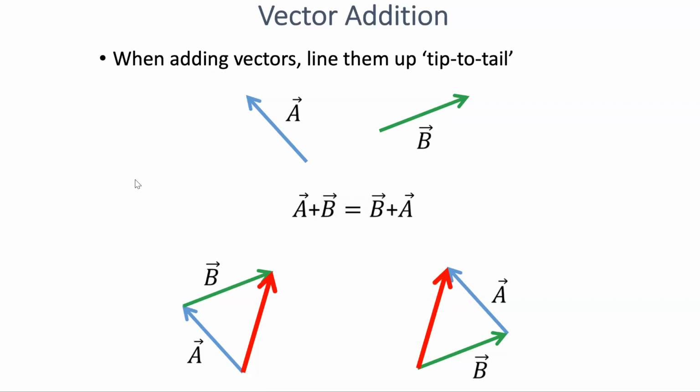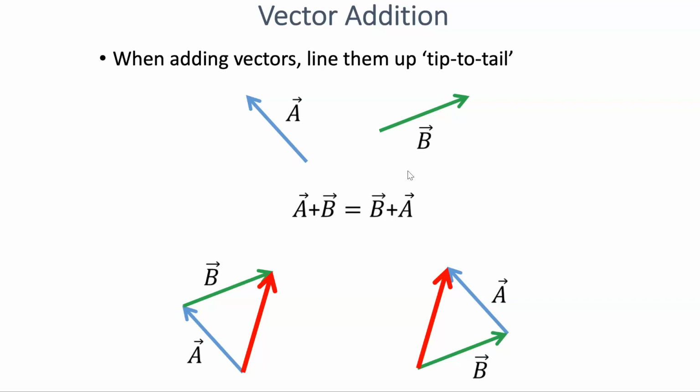They're in their configurations, not directly north or south, and whatever their magnitude is, it's an arbitrary value. We can also see that adding A and B in that order is the same thing as vector B plus vector A. That's just a property that is true for vector addition.